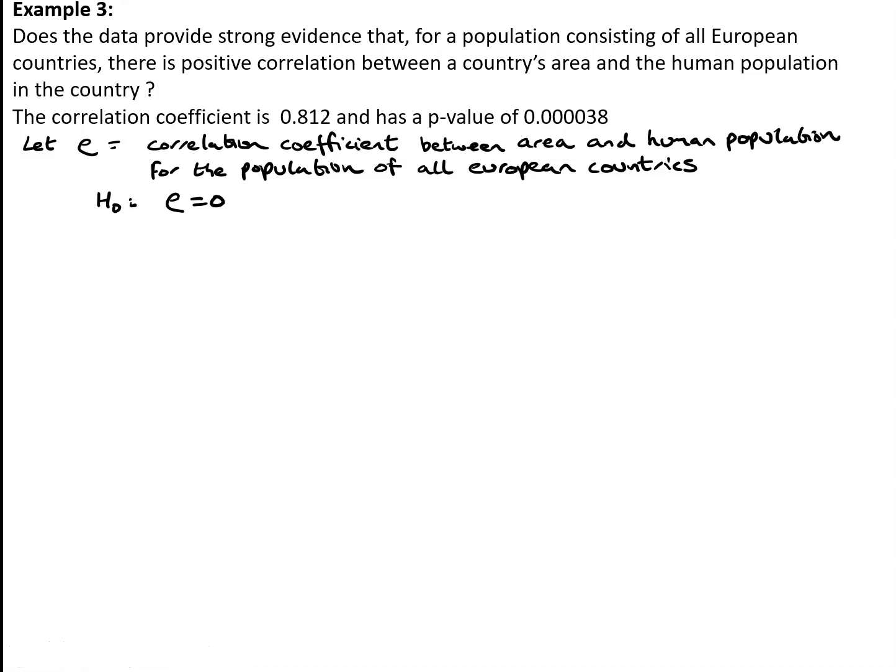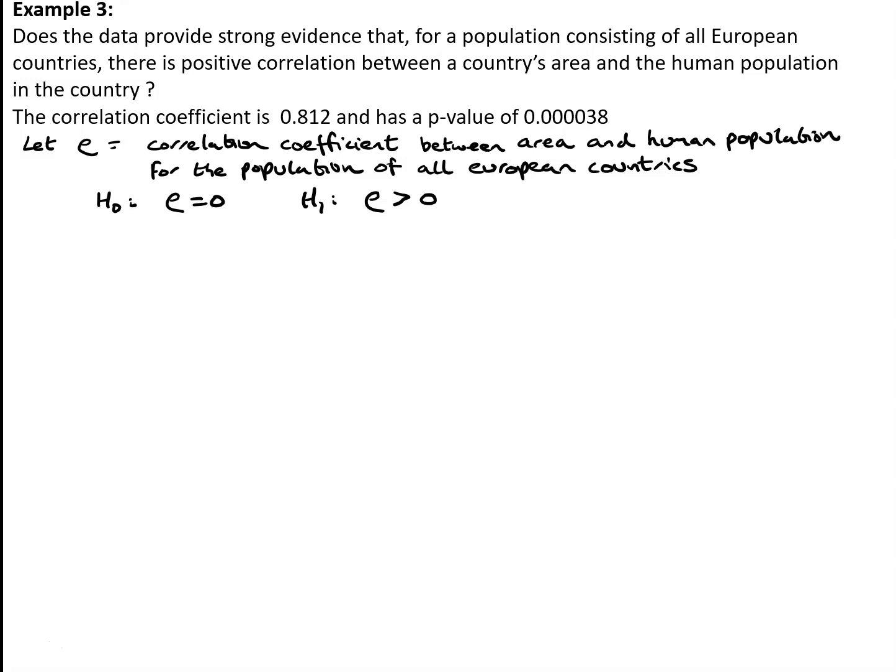Now we're looking to see in this case whether there is evidence or strong evidence for there being a positive correlation between a country's area and its population. So our alternative hypothesis in this case needs to be that ρ is greater than 0, that there is positive correlation between the variables.